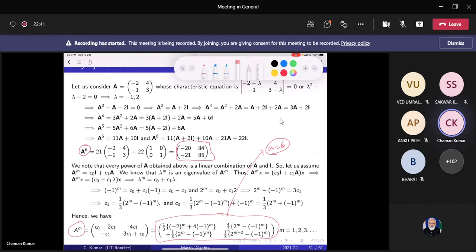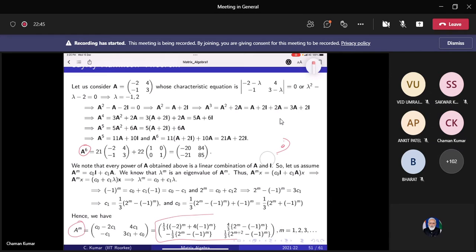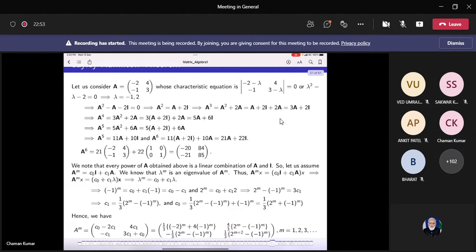So using the Cayley-Hamilton theorem, one can calculate the integer power of A, positive integer power of A. So it reduces the calculation a lot. The example that we have seen here is for a matrix of 2 by 2 order.